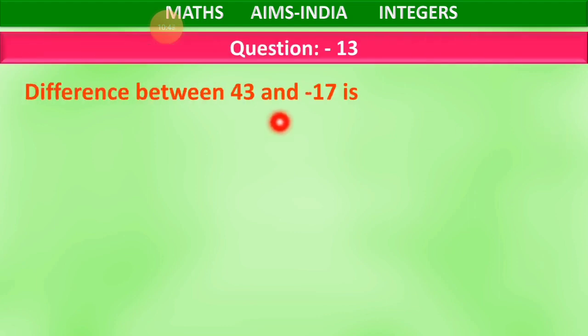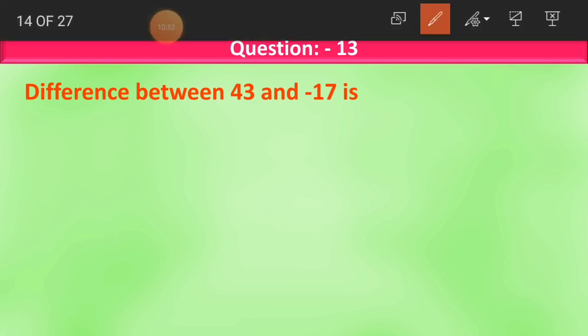Difference between 43 and minus 17 is, again, I'm seeing still few students are having little confusion between how to add and subtract integers. The reason why I took such a long class yesterday was that integers are very important. You should know how to add, subtract, multiply and divide integers perfectly. They form the base for solving many complex problems in your higher studies.